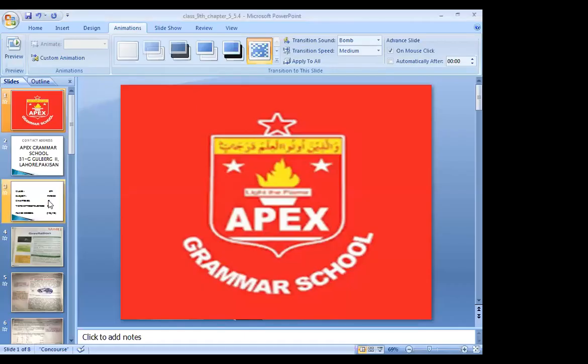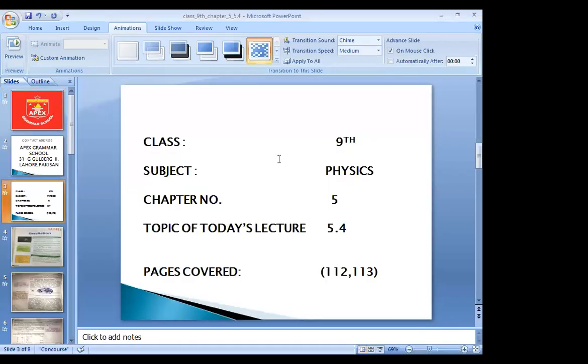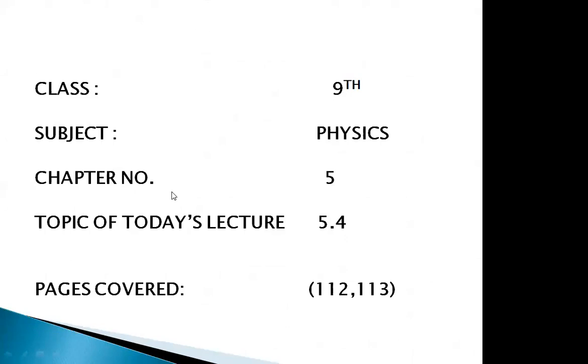Today we are going to do class 9, subject physics, chapter number 5, as we are doing already. The topic of today's lecture is 5.4, artificial satellite, on pages 112 and 113.